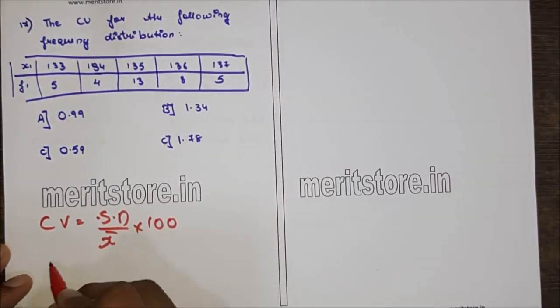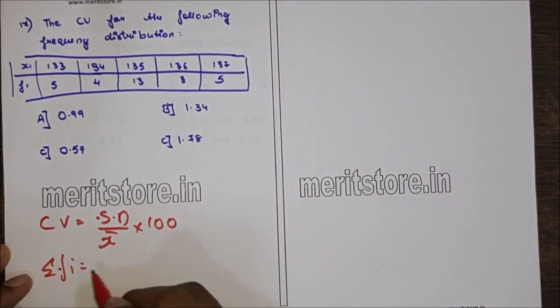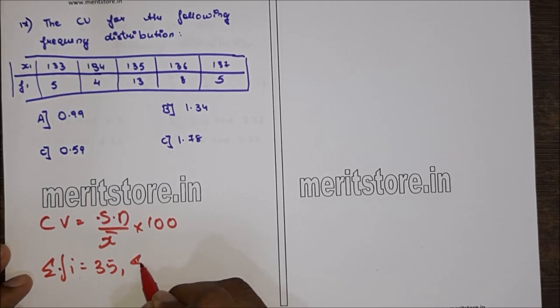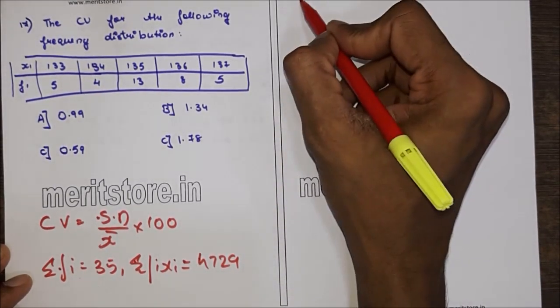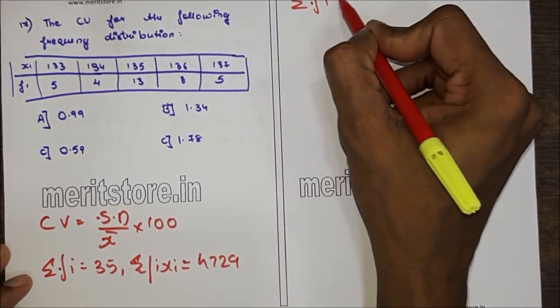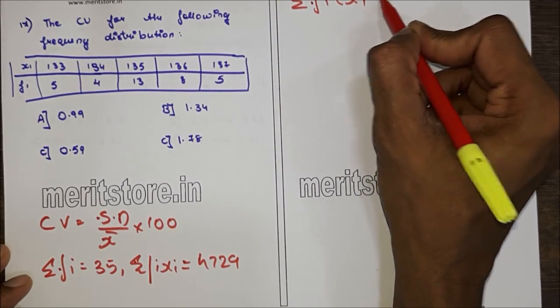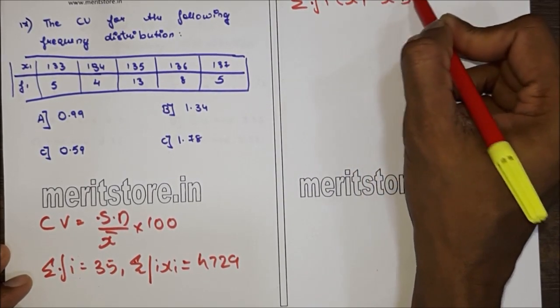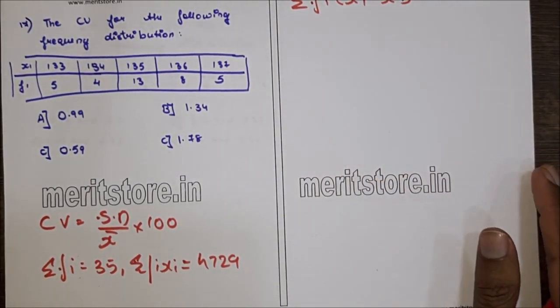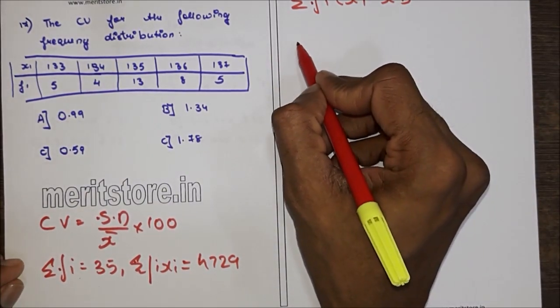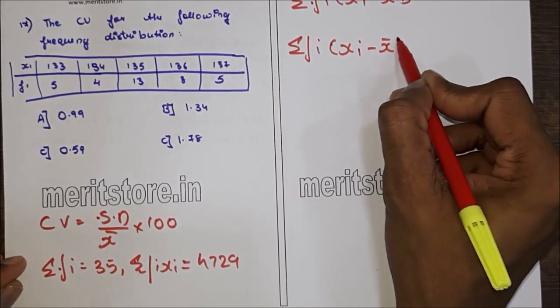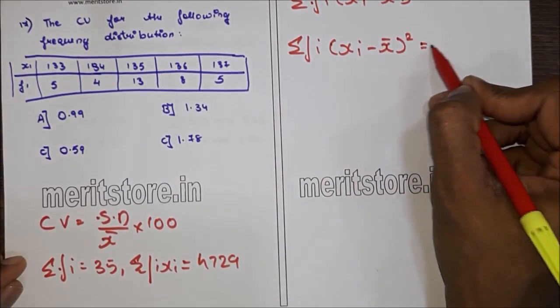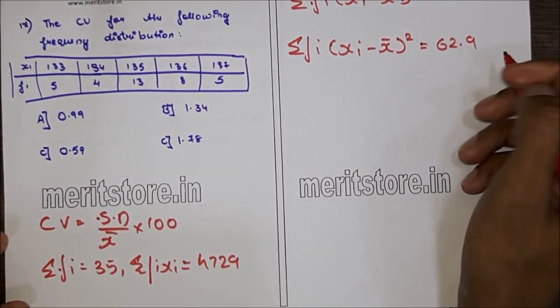For that we have summation of Fi, that is equal to 35, summation of Fi xi, which is equal to 4729, and summation of Fi (xi minus x bar) the whole square, which is equal to 62.9.